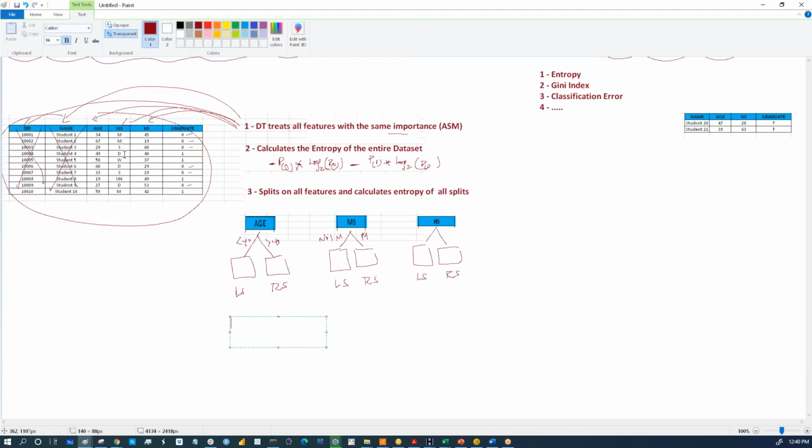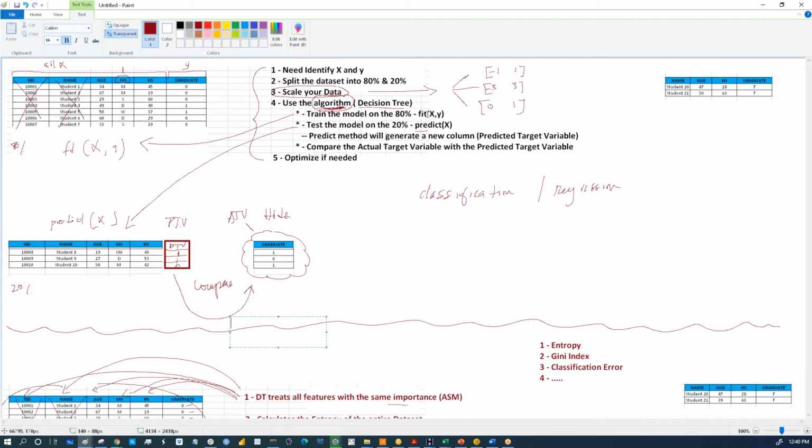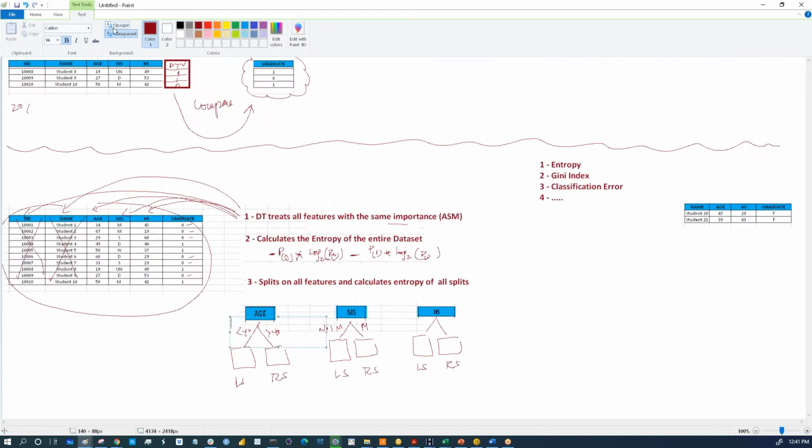I have another question for entropy. When you are saying mean, does the formula itself calculate the mean? No, we just tell it, please use the entropy, and it knows what to do. You need to tell it what is the method you want the decision tree to use.